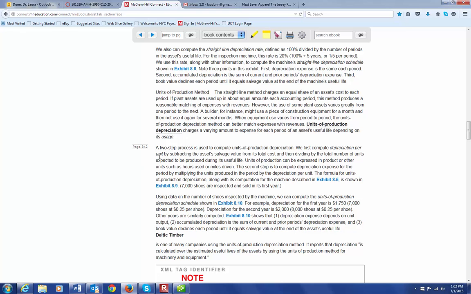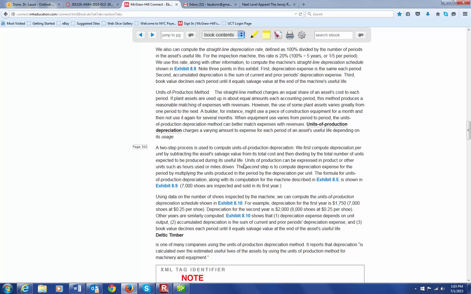So you have a two-step process. You first have to compute depreciation per unit by subtracting the salvage value from its total cost, which is the same thing we did under the straight line method. But then you divide by the total number of units expected to be produced during its useful life.